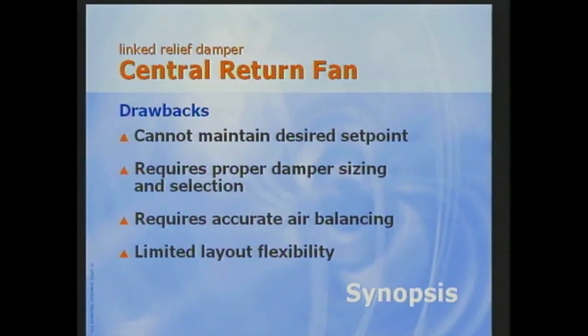Proper selection and sizing of these dampers is very important, and air balancing is critical for ensuring that the building pressure does not become too positive or too negative. Finally, layout options are somewhat limited. The return fan draws air from the space through the return air path and pushes it through the return air damper. This requires the return fan to be located between the nearest space and the return air damper.